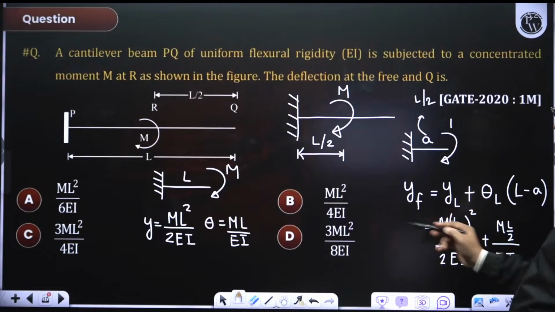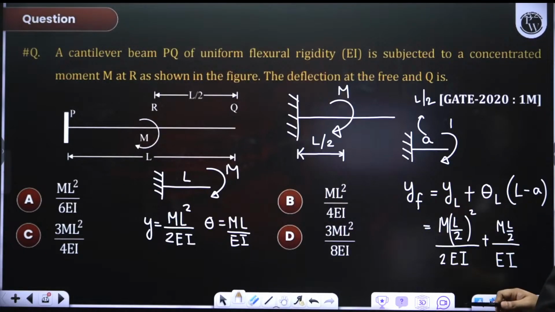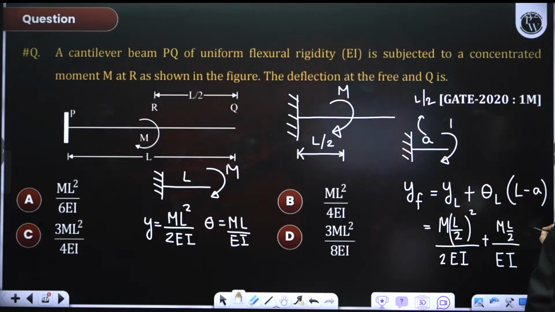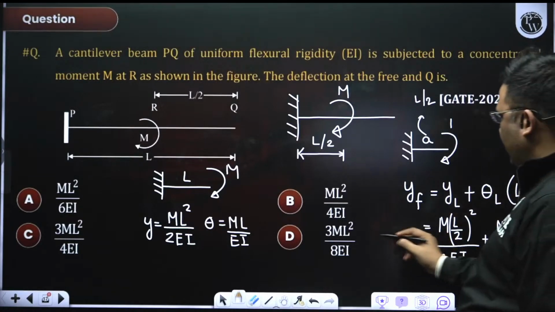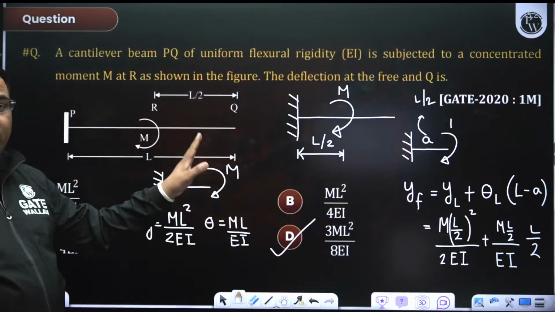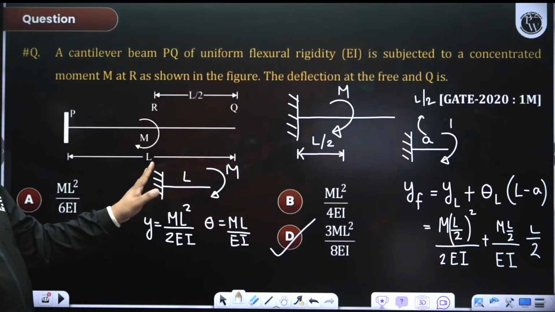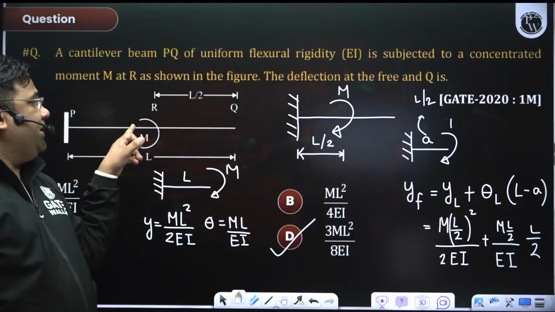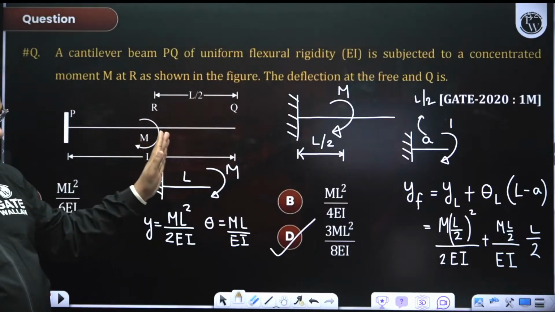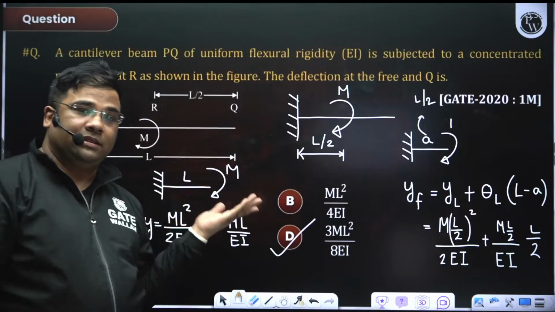And then L minus A is this portion. This is how much? L by 2 only. So if you solve this, you will get 3 ML square by 8 EI. This kind of question is very hit in your GATE examination, where they don't mention the load at the free end, but somewhere else. They can ask, yesterday also I told they can ask the same question.